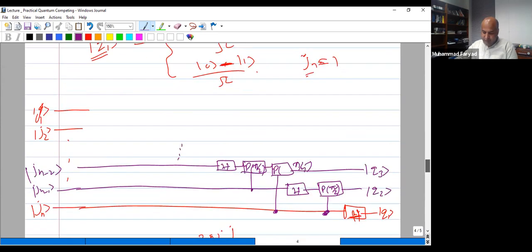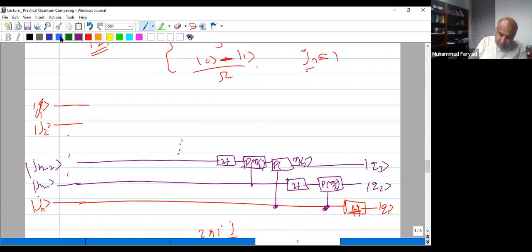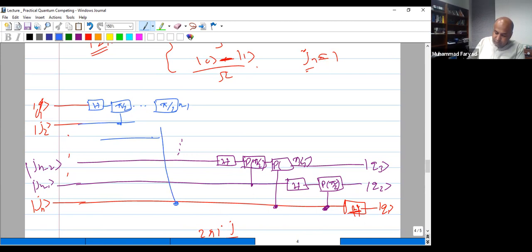So let me add this thing here. So I first need a Hadamard here, then a phase gate of phase pi by 2 controlled by j2, and then the phase gate of pi by 4 controlled by this one, all the way to the last gate with phase pi over 2 power n minus 1 controlled by this one.